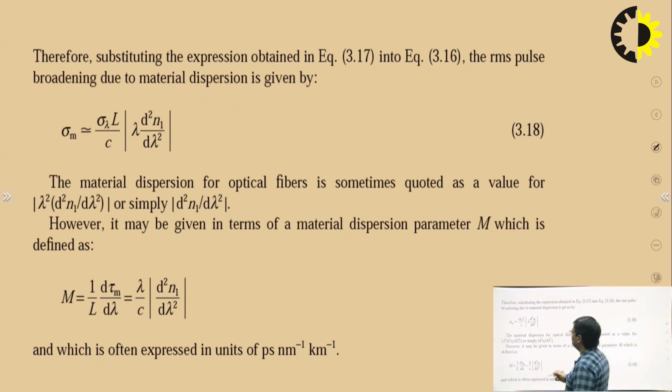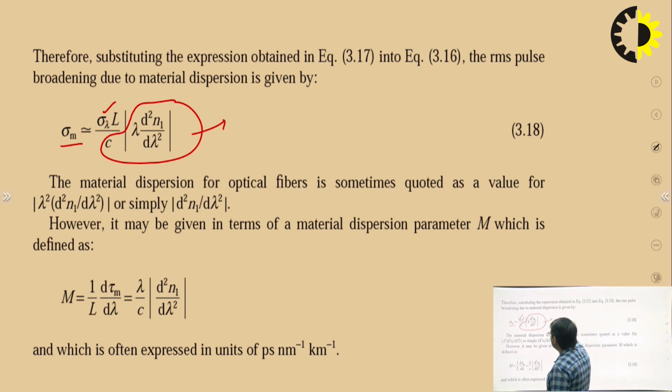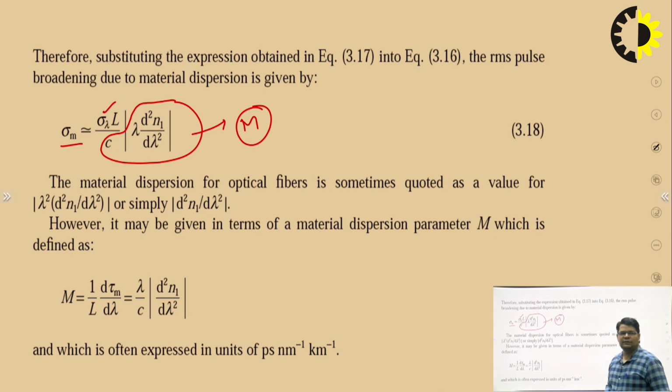After putting it in, we have sigma m, the RMS pulse broadening due to material dispersion, equal to sigma lambda L by C and this factor. This factor is popularly denoted as capital M, known as the material dispersion parameter.